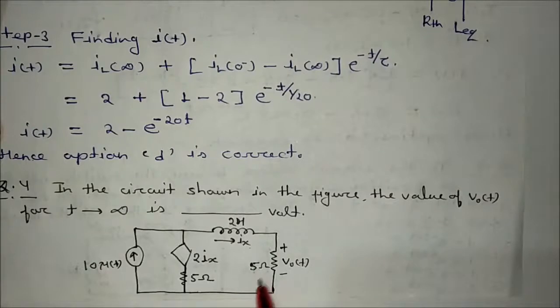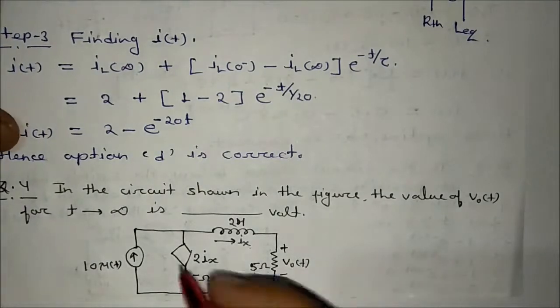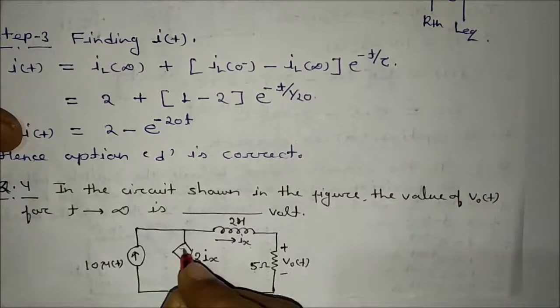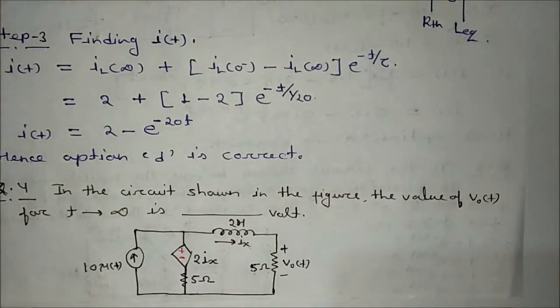How? That is 5 multiplied by this ix value at t is equal to infinite. You will get V naught t at t is equal to infinite. Okay, this one is plus and minus. So it is not asking about V naught t for t greater than 0. It is asking exactly at t is equal to infinite.